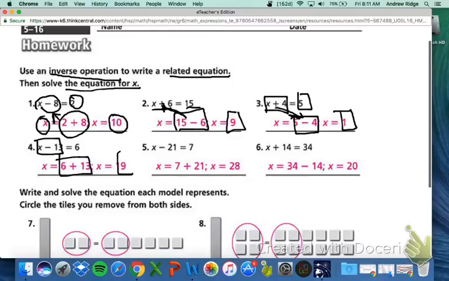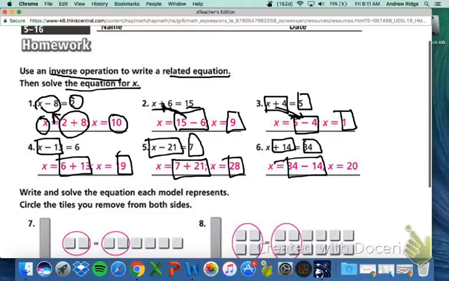X equals 19. X minus 21 equals 7, so x equals 7 plus 21, which is 28. X plus 14 equals 34, so when we subtract, x equals 20.